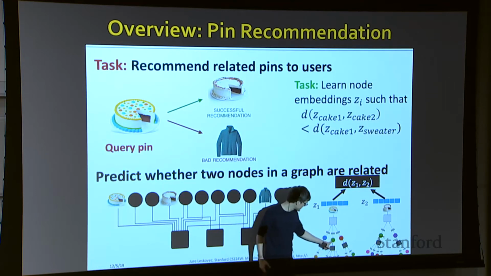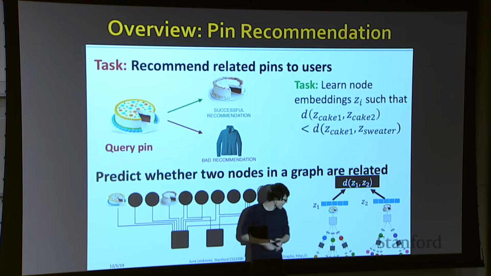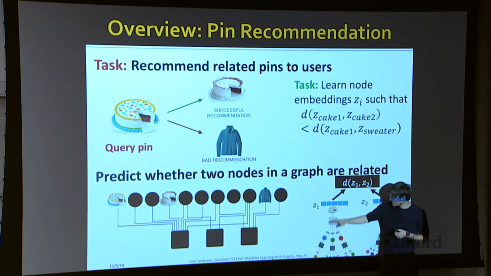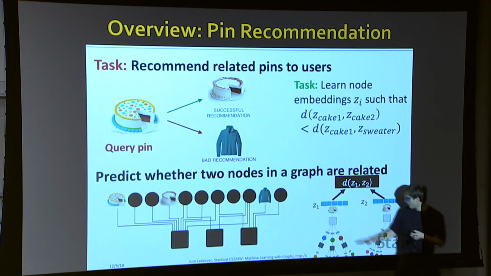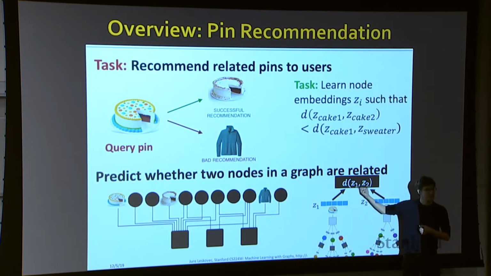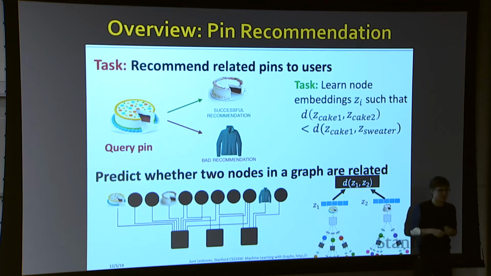So now every circle here is a pin in this graph, so that then basically what we are doing is to say, let's create an embedding for cake number 1, let's create an embedding for cake number 2, so that the distance, let's say, will be small. And if this would be an embedding for the sweater, then I'd say the distance has to be large.